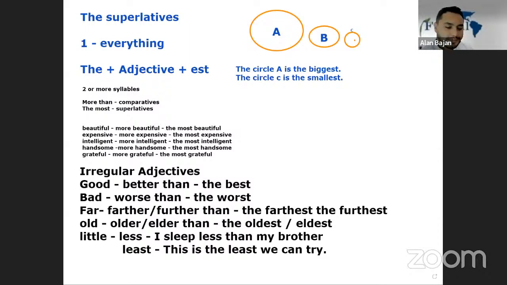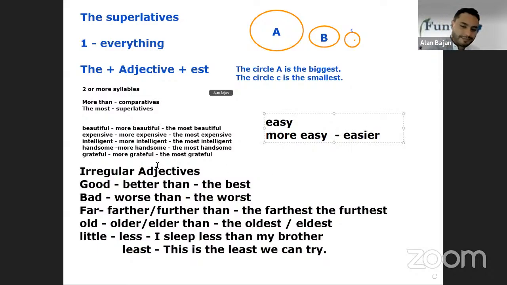No. No, it's bigger. Uno que siempre se equivocan todos. Everyone. Easy. More easy. Easier.